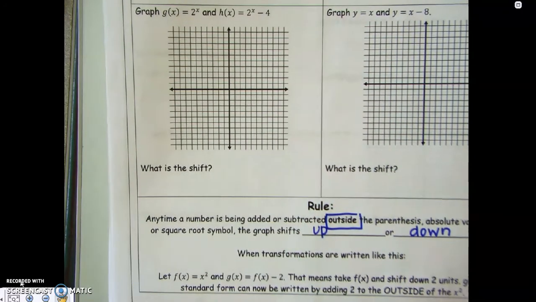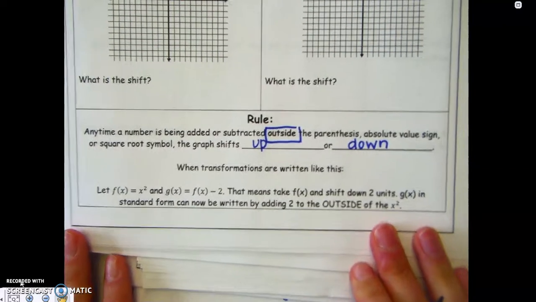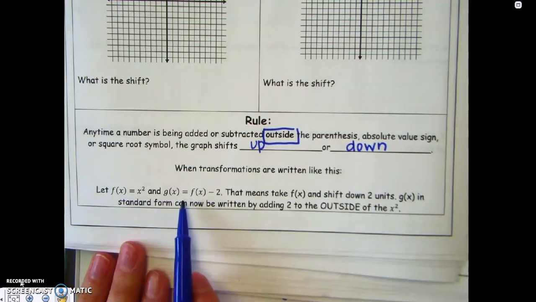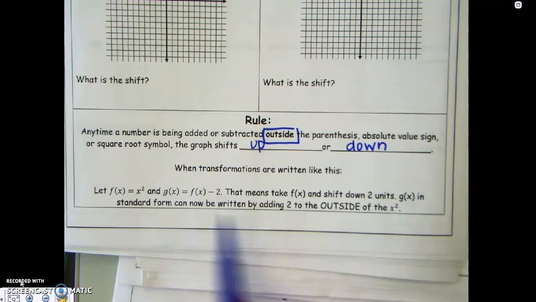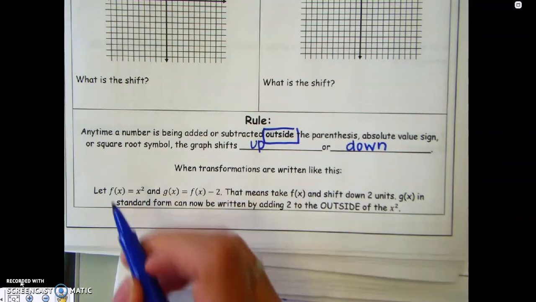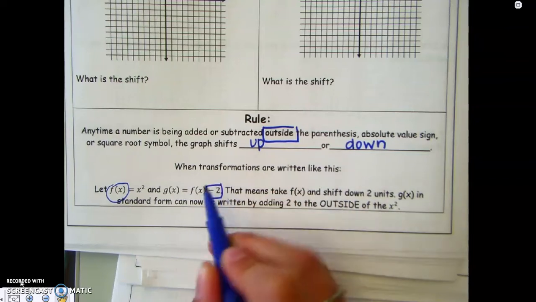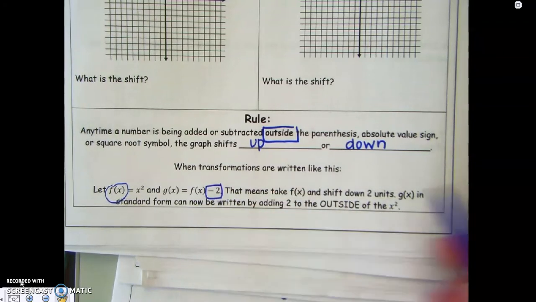Okay. So when transformations are written like this, if we let f of x equal x squared and g of x equals f of x minus 2, that means to take the original function, which is f of x, and shift it down 2. So take the original function and go down 2.